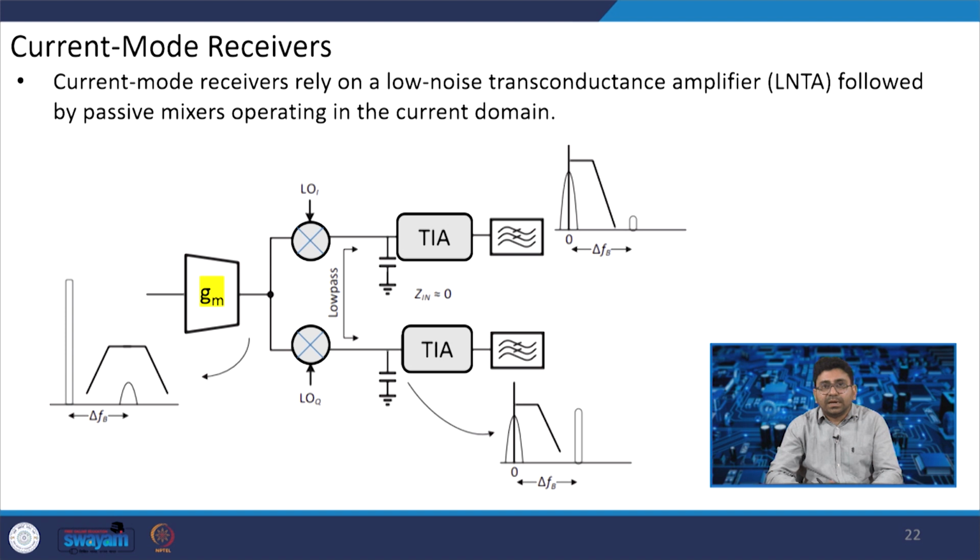So, the current mode receiver can be used here. Current mode receivers rely on a low noise transconductance amplifier followed by a passive mixer operating in the current domain. At this stage we have already seen that this is a filter.